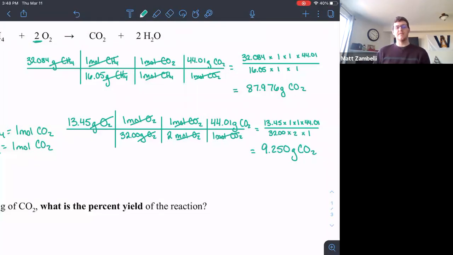This one's got 4 sig figs because 13.45 grams of O2 has 4 sig figs.